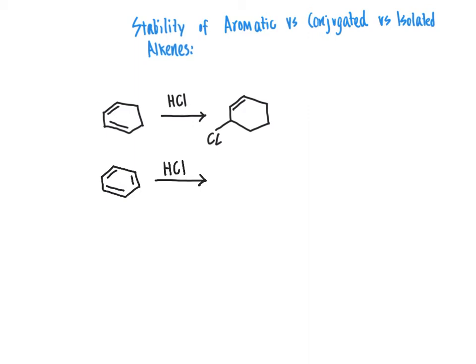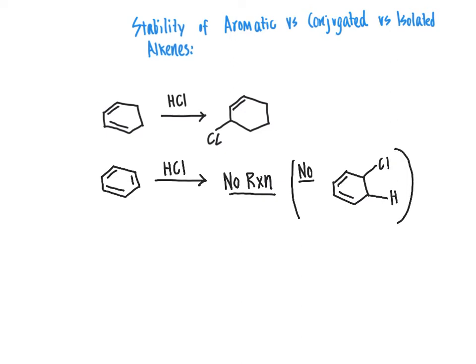But in actuality, generally we observe no reaction, and certainly no reaction that corresponds to adding H and Cl across the carbon-carbon double bond. So in other words, we don't observe any product that corresponds to addition. That is absolutely, full stop, not going to be observed.